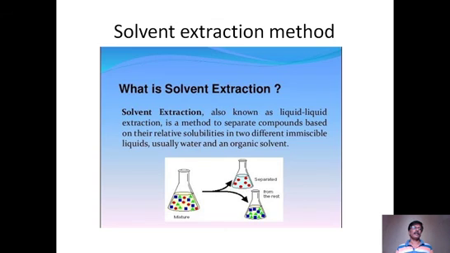Then we take the mixture of these lanthanides. Certain lanthanide ions are more soluble in organic solvent and certain others are more soluble in water. Those which are soluble in water are separated by simple methods, and those which are soluble in organic solvent can be separated as well. So this is what we call extraction.